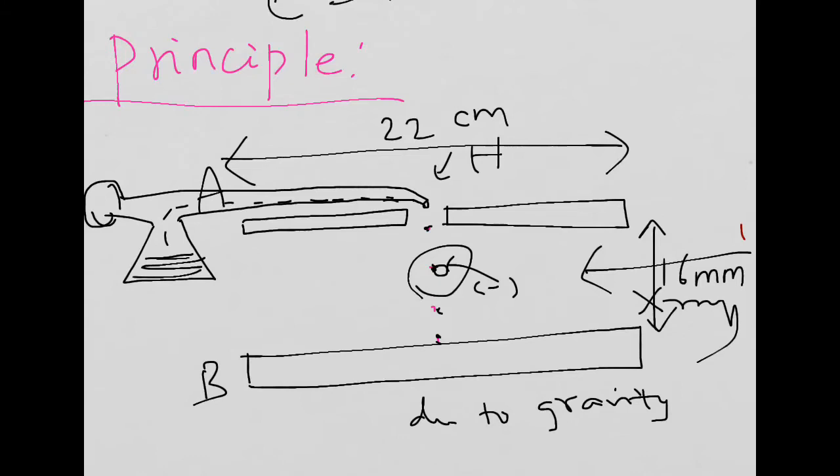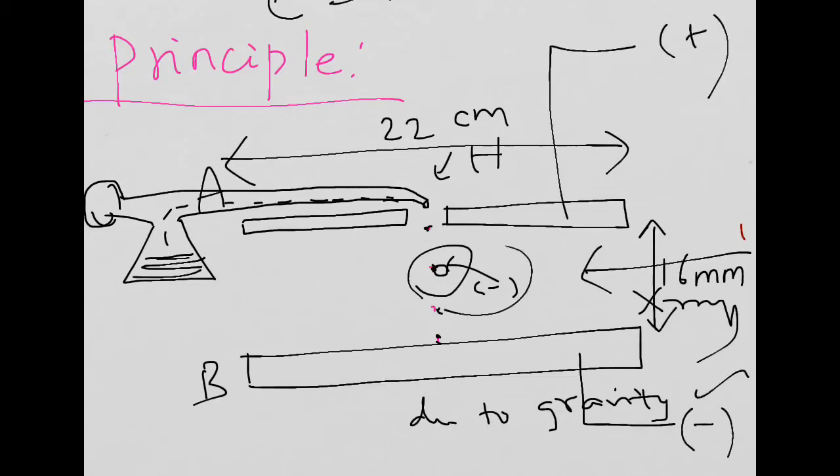Yeah. Now, what if I keep an electric field here, say minus here and plus here? A minus can repel a minus. So the charged oil drop can be repelled by this electric field that we supply, such that the velocity with which the oil drop is falling down can be controlled.